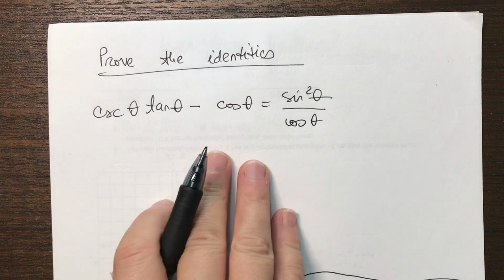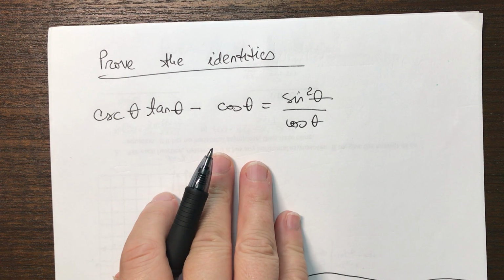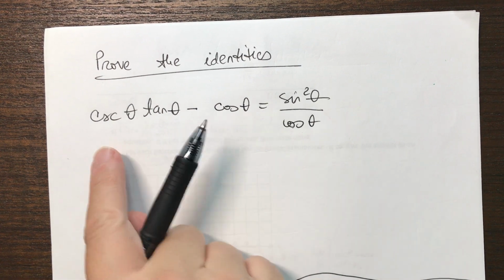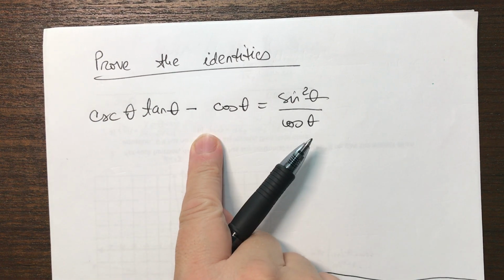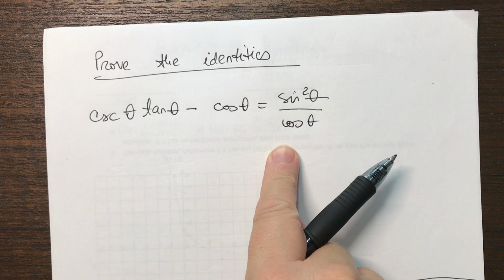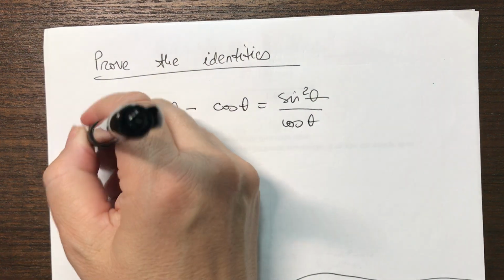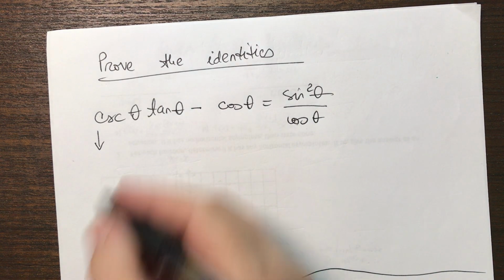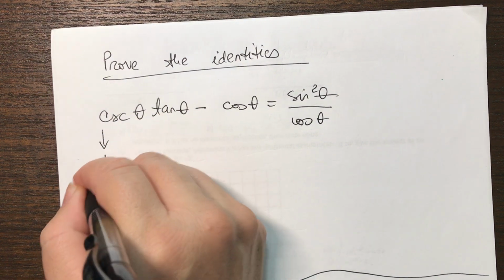So when you have to prove an identity, as a rule, well, not necessarily as a rule, what you could do is always start maybe with the more complicated side and try to make it look like the easier one. So I'm going to start with this side and see if I can make it look like this. How do I do that? Just like we did before.